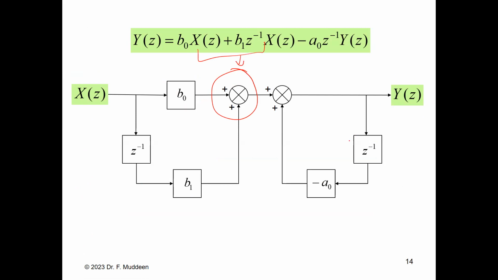YZ, you have the main output, but you also have a stored value of YZ that is multiplied by -A. So I'll put the -A inside of here. And you add that up, and then, well, this and this could be the same thing. I'll just put it here just to show you.